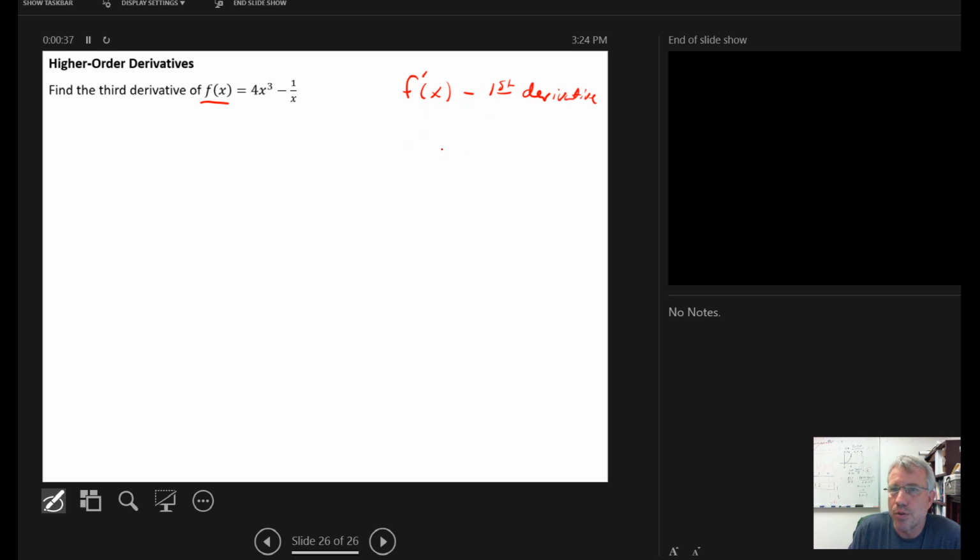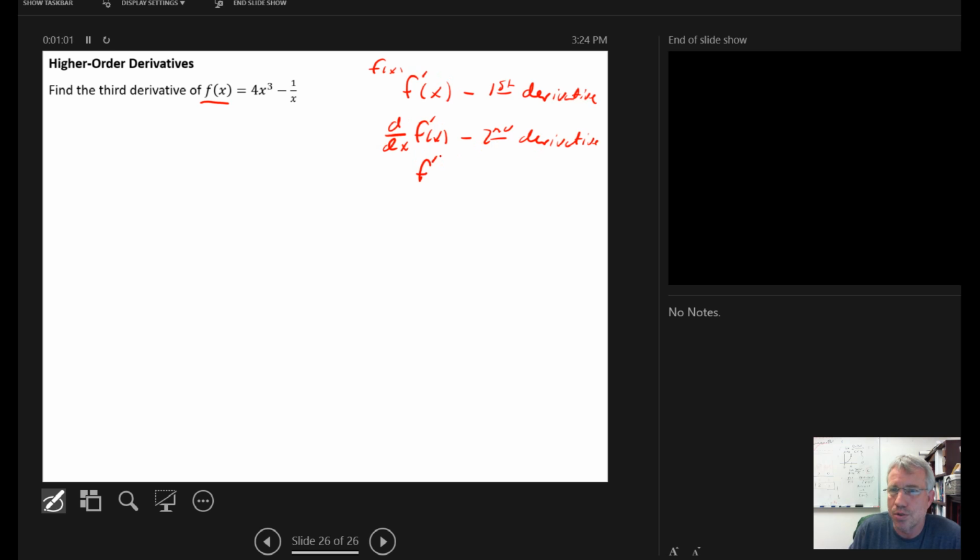In general, if you take the derivative of the derivative, so if we take d dx of the derivative, then we're taking the second derivative of f of x. So you start with your function f of x, the first derivative of f of x, take the derivative of the derivative, you get the second derivative.